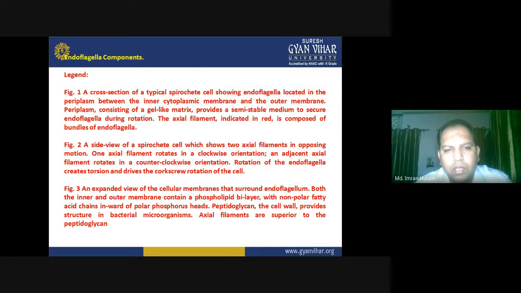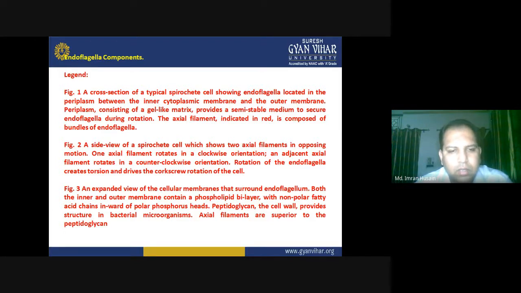One axial filament rotates in a clockwise orientation, and an adjacent axial filament rotates in a counterclockwise orientation. Rotation of endoflagella creates a torsion and drives corkscrew rotation of the cell.